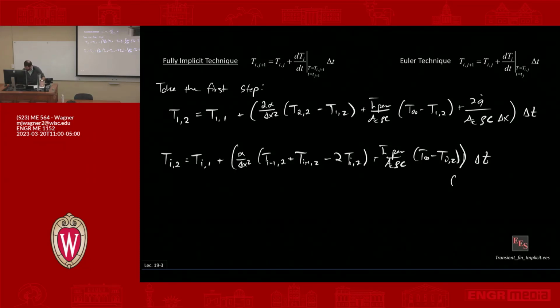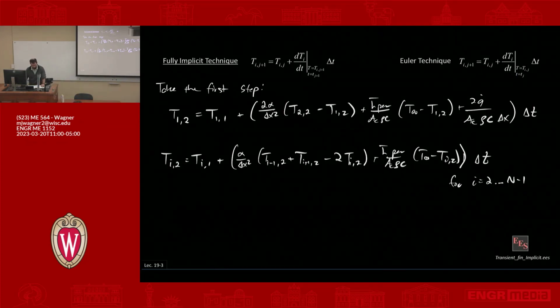And this is for I equal to 2 to n minus 1. In Python, that would be I equals 1 to n minus 2. This is all the nodes I.